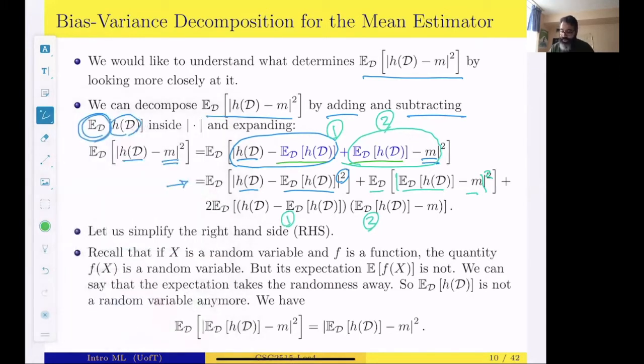So we have twice the expectation over data randomness of D of h of d minus expectation of h of d, times expectation of h of d minus m, the true m that we don't know.